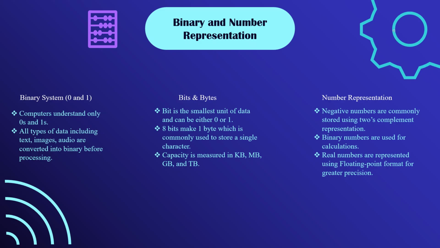Real numbers with decimal points are represented using floating point format, which allows computers to represent very large or very small numbers with a good level of precision. All of these methods together allow something as simple as zeros and ones to represent the entire digital world we interact with every day.